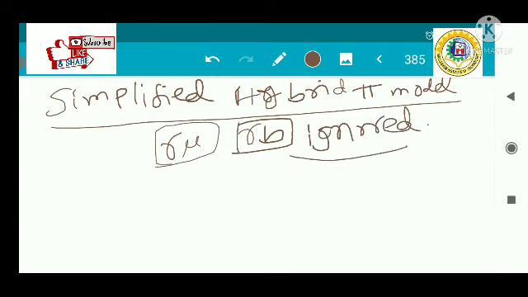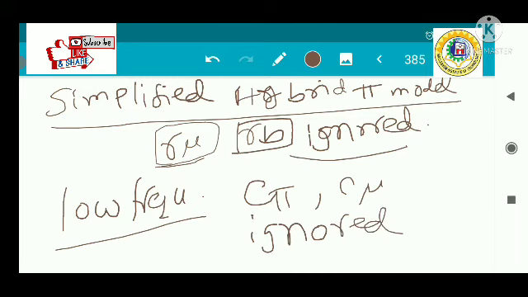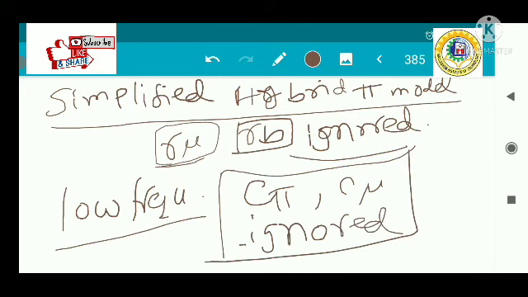Now if these two resistances can be ignored, and in the case of low frequency, the capacitors C pi and C mu can also be ignored, because in the low frequency, a capacitor does not come into the picture.